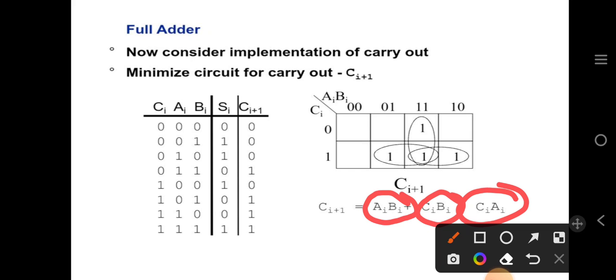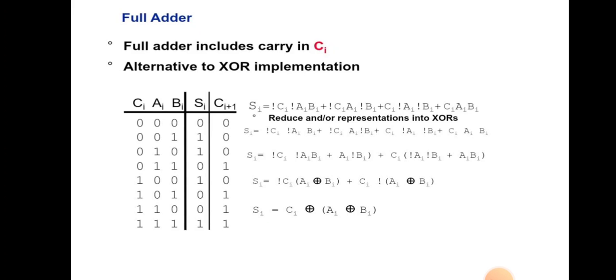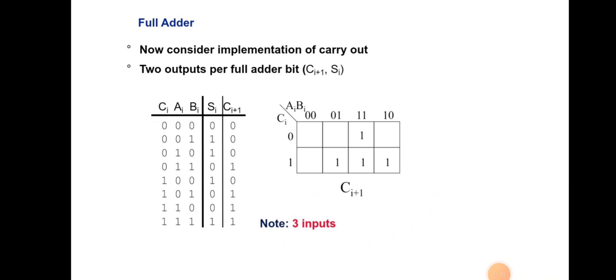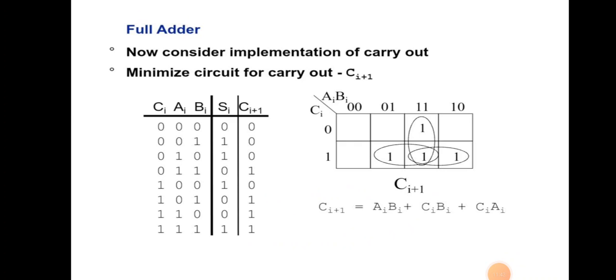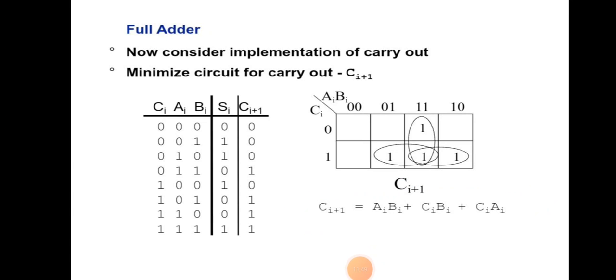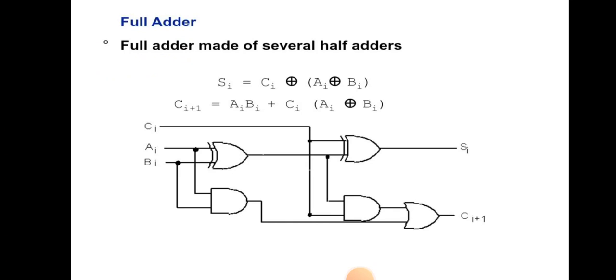In this way we have written the equation for carry. So we got the equation for sum as well as the equation for carry. Now the next step is to implement the equations.